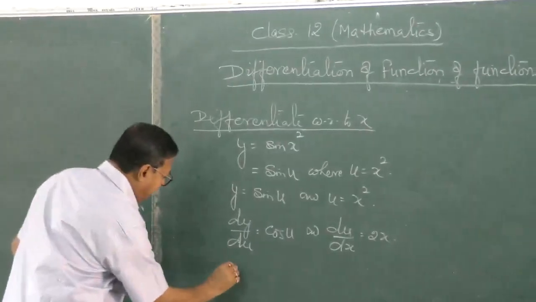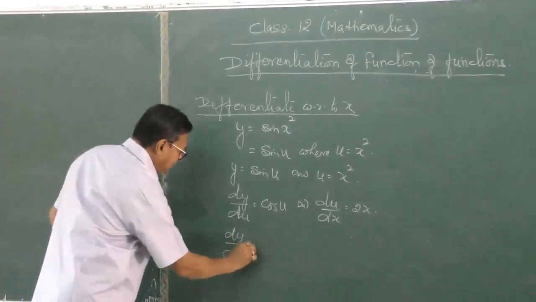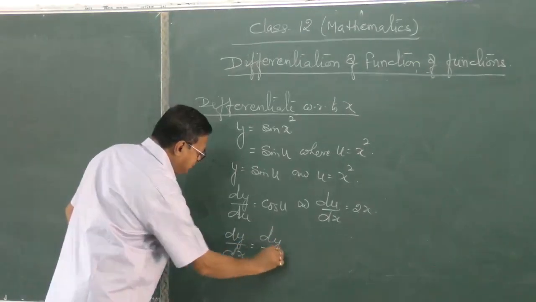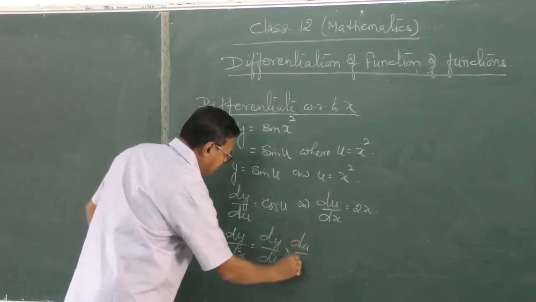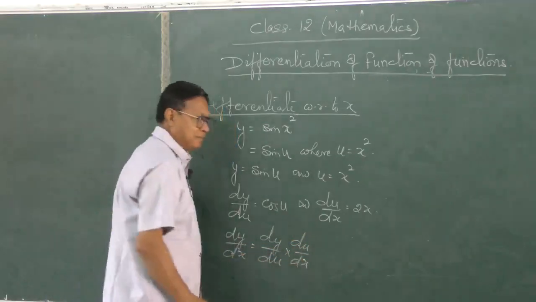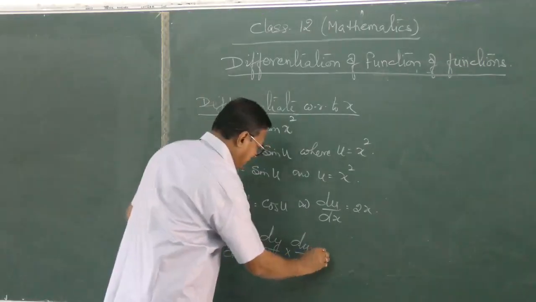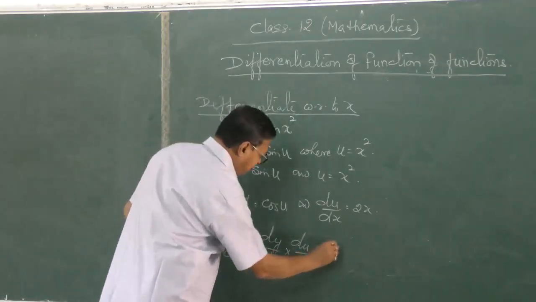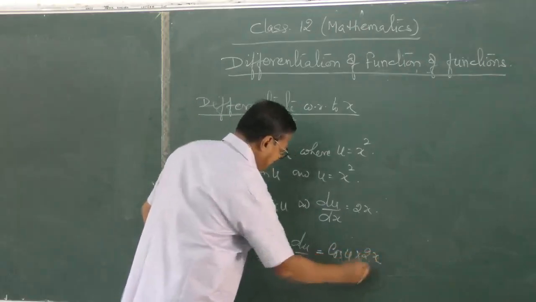So dy by dx is dy by du into du by dx. So dy by du is cos u, du by dx is 2x.